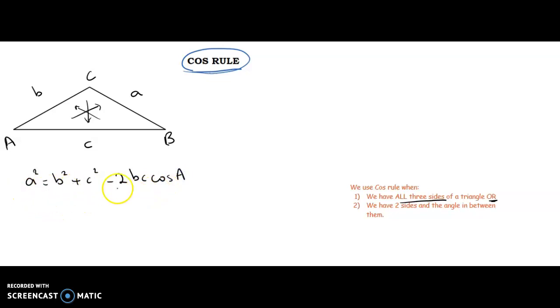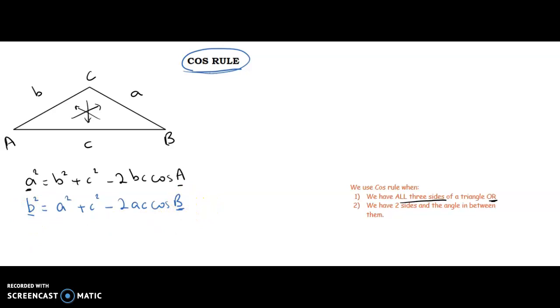Now I will use this formula if I needed to find a, either the side a or the angle A. However, if I needed to find the side b or the angle B, I will put the b in front here. So another version of this same formula could look like this: b squared is equal to a squared plus c squared minus 2ac cos of capital B. So again, these two letters match.